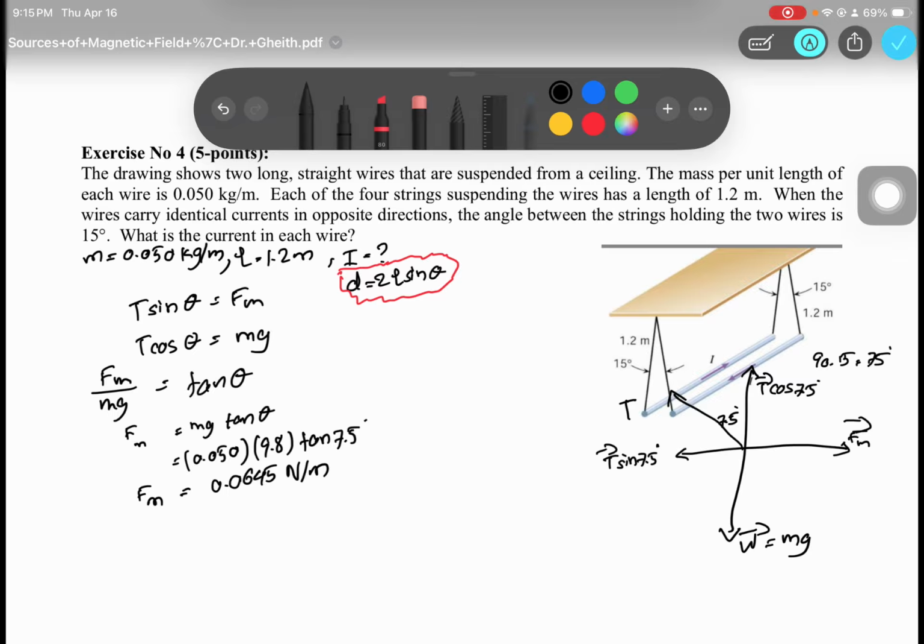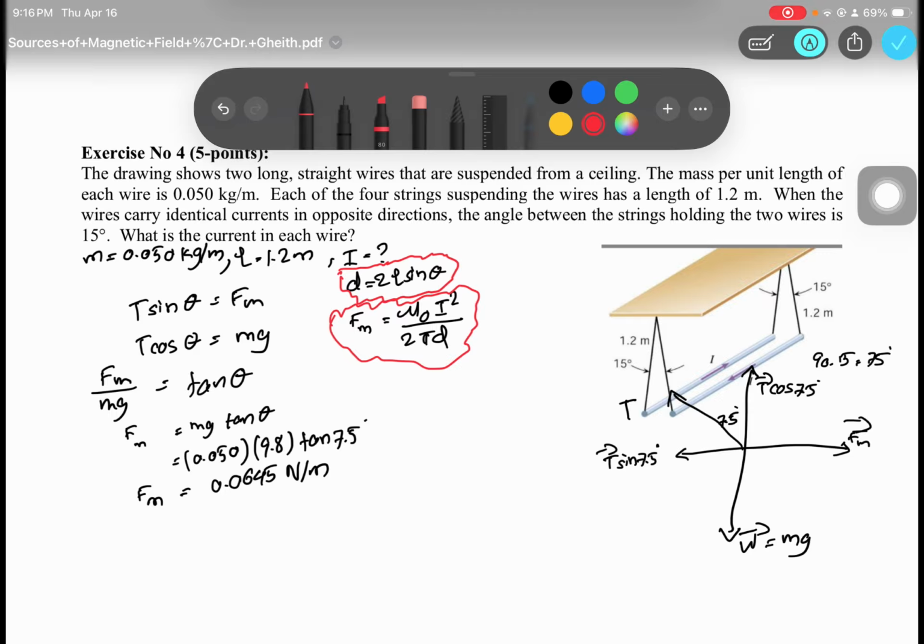Okay, so Fm is equal to mu naught I squared by 2 pi d. This is also another equation. I'm sure these equations are not given in your exam.